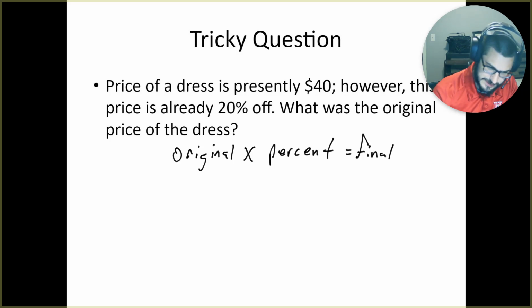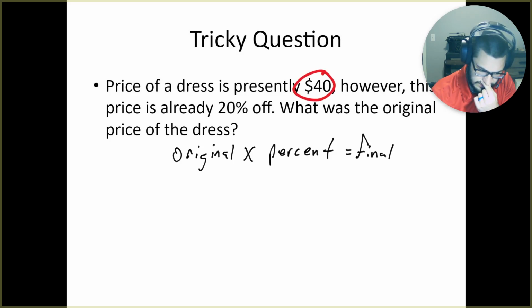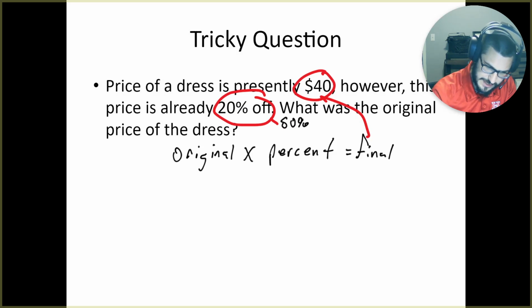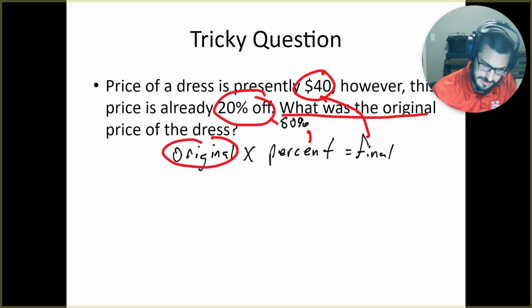Why that's helpful is now I know, okay, that's my final, and it's already 20% off. That means that 80% of that is left. So that's going to be my percentage here. And I'm trying to find my original. That's what it says, what was the original.